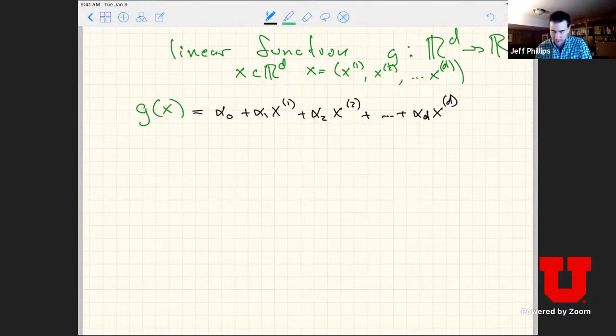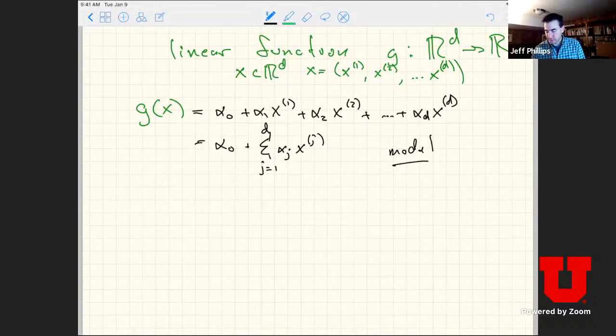We can write this as a dot product, or as the sum from j equals 1 to d of alpha j times x^(j), the jth coordinate. And so then our model is going to be this alpha vector. We can parameterize it by alpha, which is alpha 0 up to alpha d.